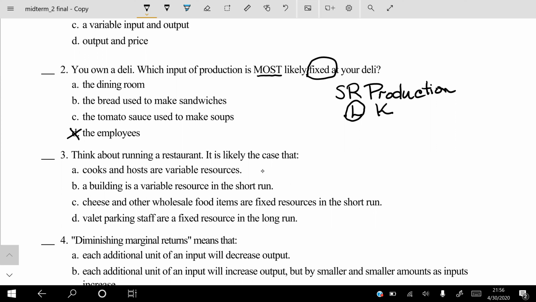And these things here are how you make the products. But you can say you like bread A more than bread B, but bread A is more expensive, so you might use bread B for a little bit and then switch to bread A. And the same thing for tomato sauce. So I think here the answer has to be A. It's hard to change buildings or rooms.